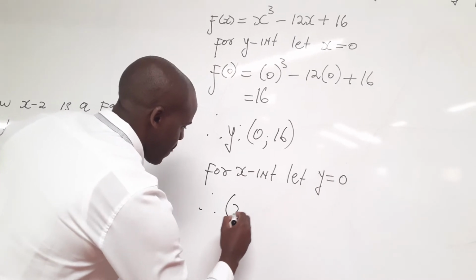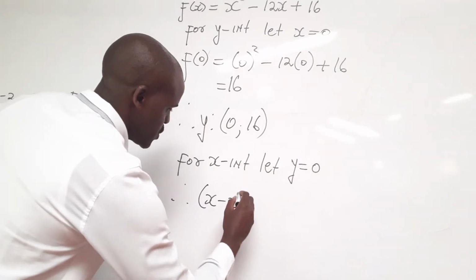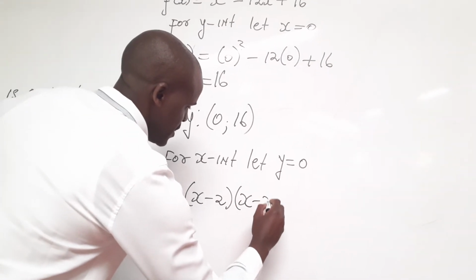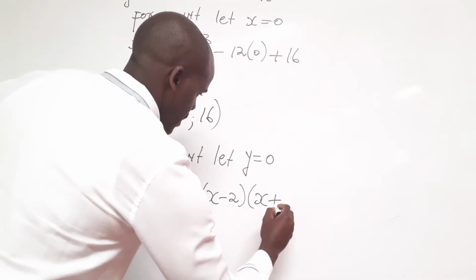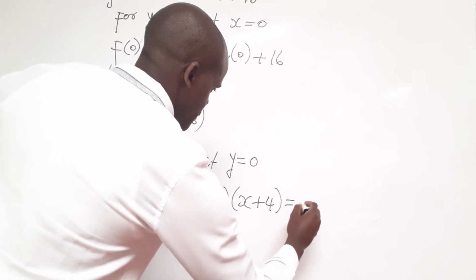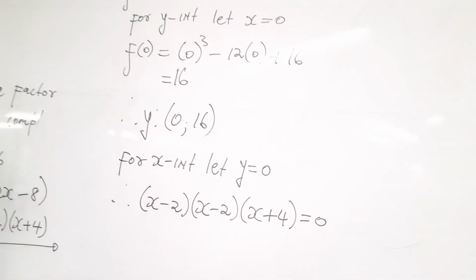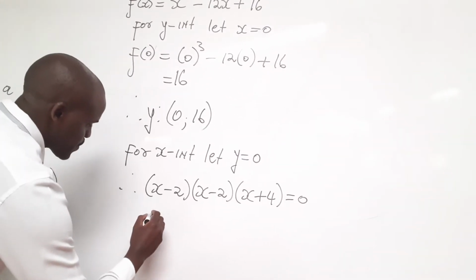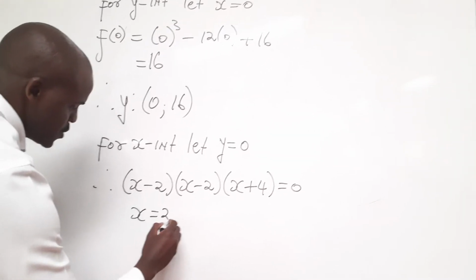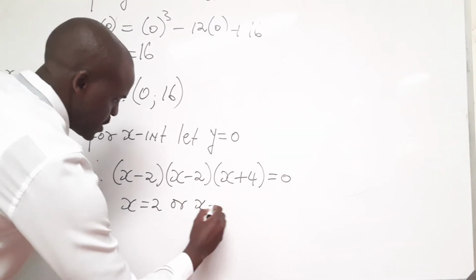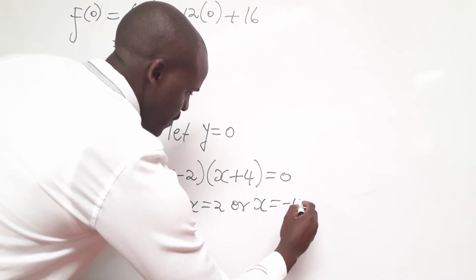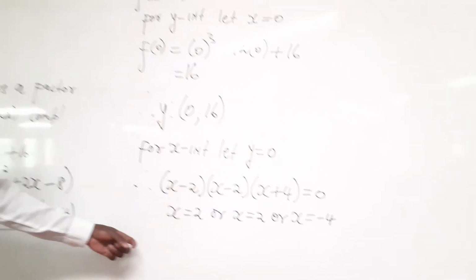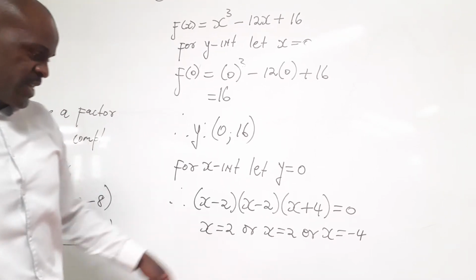We are going to have x minus 2 into x minus 2 into x plus 4. This will be equal to 0, and then you solve for x. x equals 2, or x equals 2, or x equals negative 4. These are our roots.